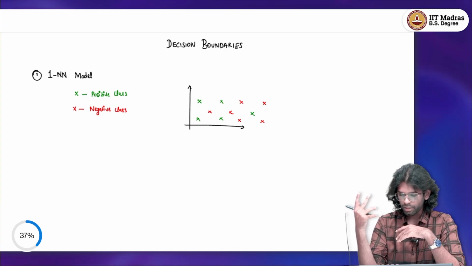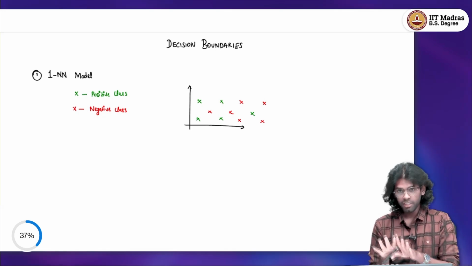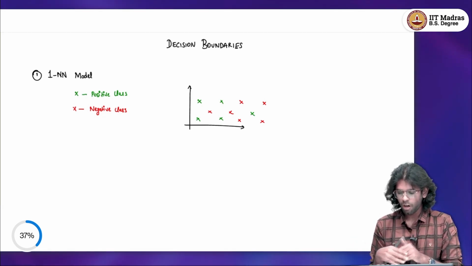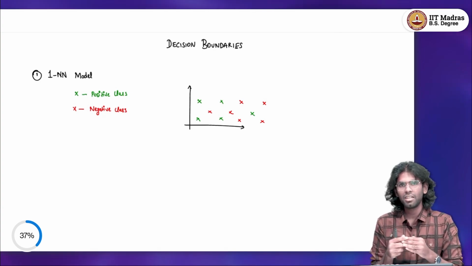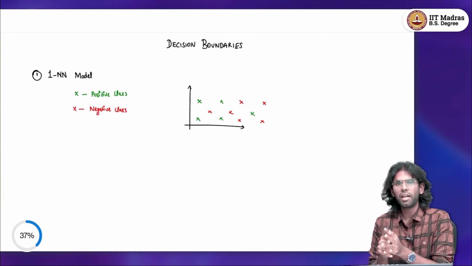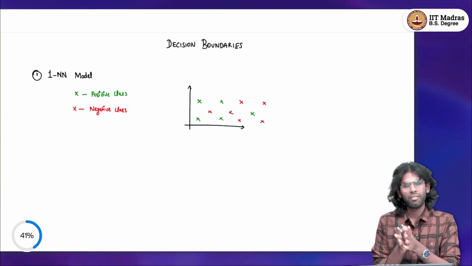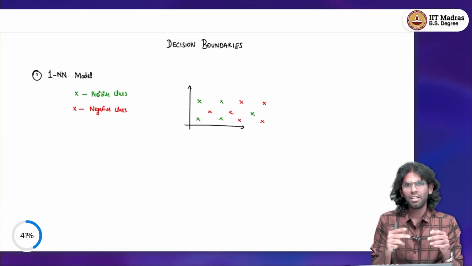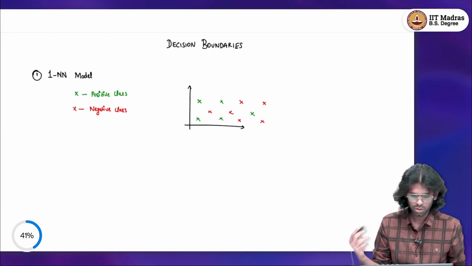Since we are talking about a 1NN model, we want to see all the possible points on this graph and color them, saying okay, if my point is in this particular region I am predicting no or negative, or if it is in some other region that is colored green, then that would be my positive class. So this is what we have.